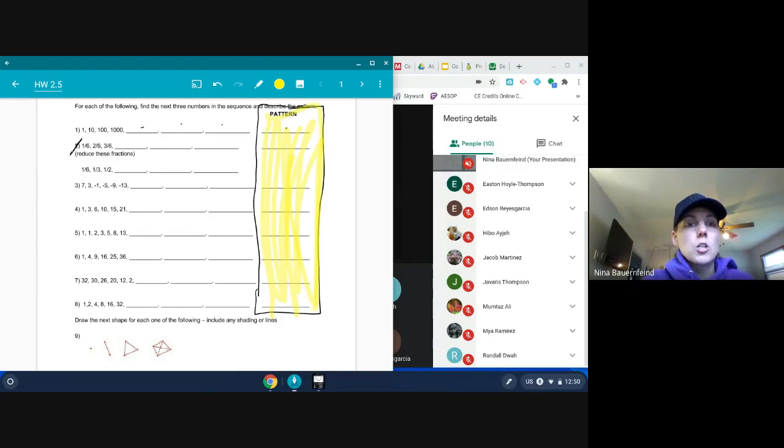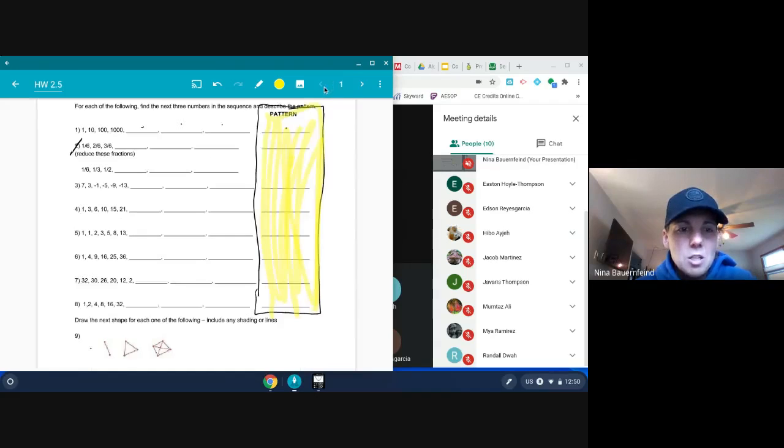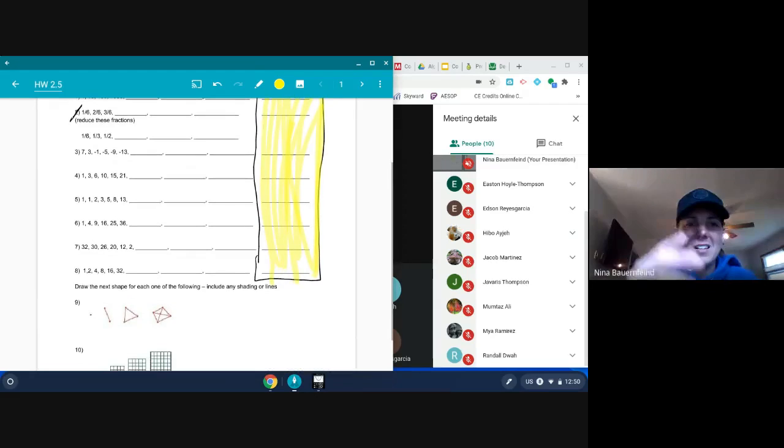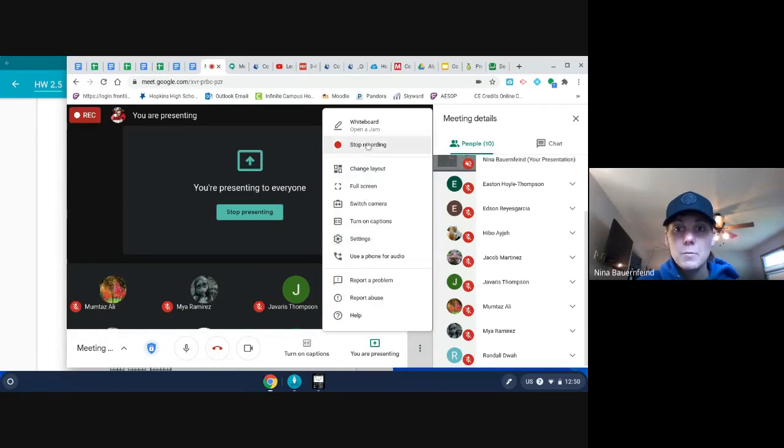Okay. So do the front and then the one on the back, this one for the shapes, but you can skip that whole bottom section and skip number 2 with the fractions. Is everybody okay with that? Yes. Beautiful. Okay, I'm going to stop recording.